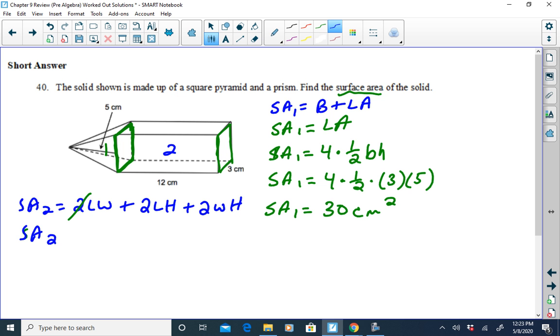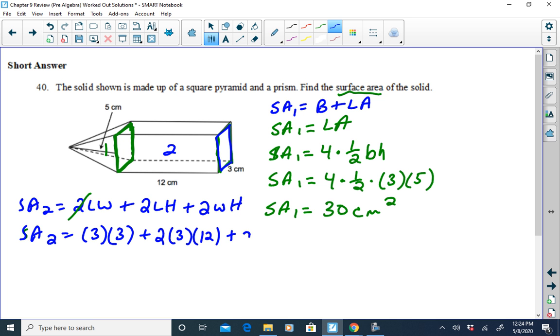Surface area 2, instead of being 2 squares that are 3 times 3, there's only one square that's 3 times 3. You guys see that? Okay, and that's really the tricky part. And then the other 2, we have 2 times length times height. That's going to be 2 times 3 times 12.